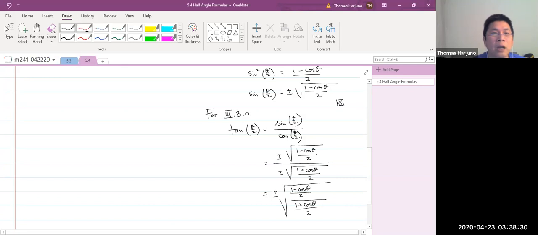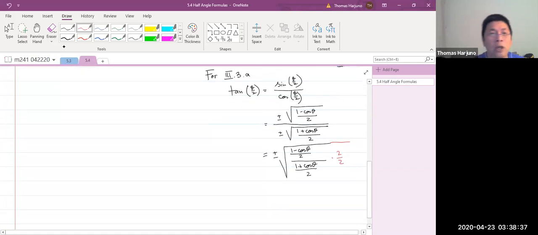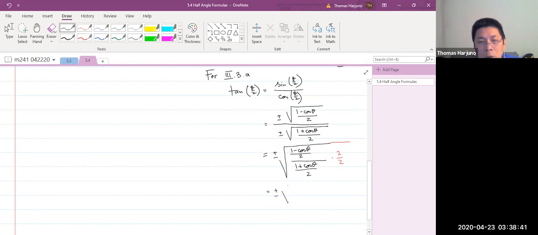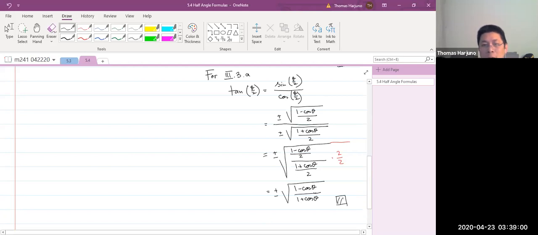Now multiply inside the radical by 2 over 2 to get rid of the complex fractions. I get what I need. That's plus minus square root of 1 minus cosine theta over 1 plus cosine theta. Okay, that's the end of the proof for 3A.